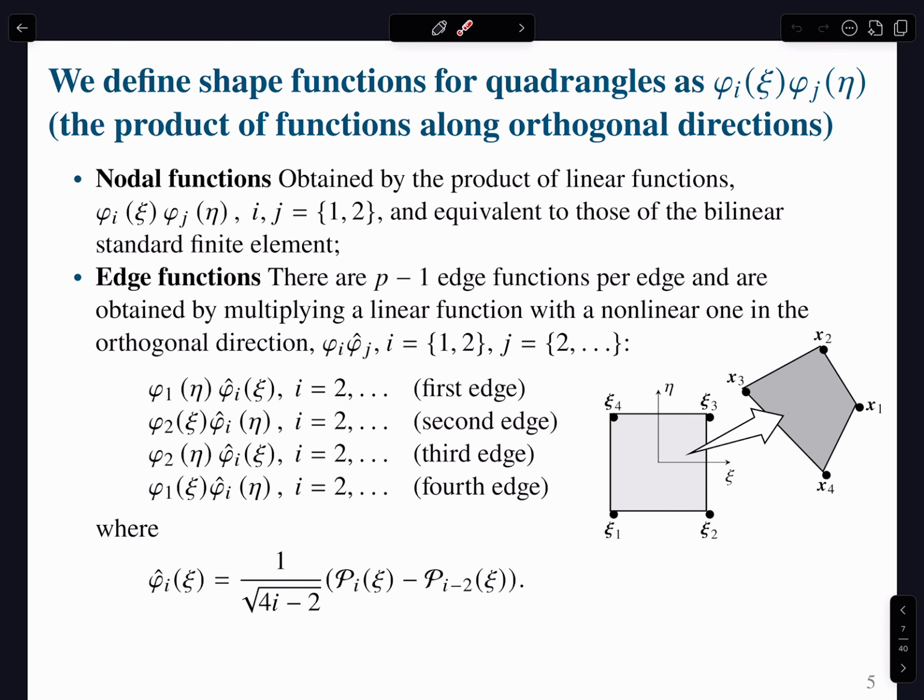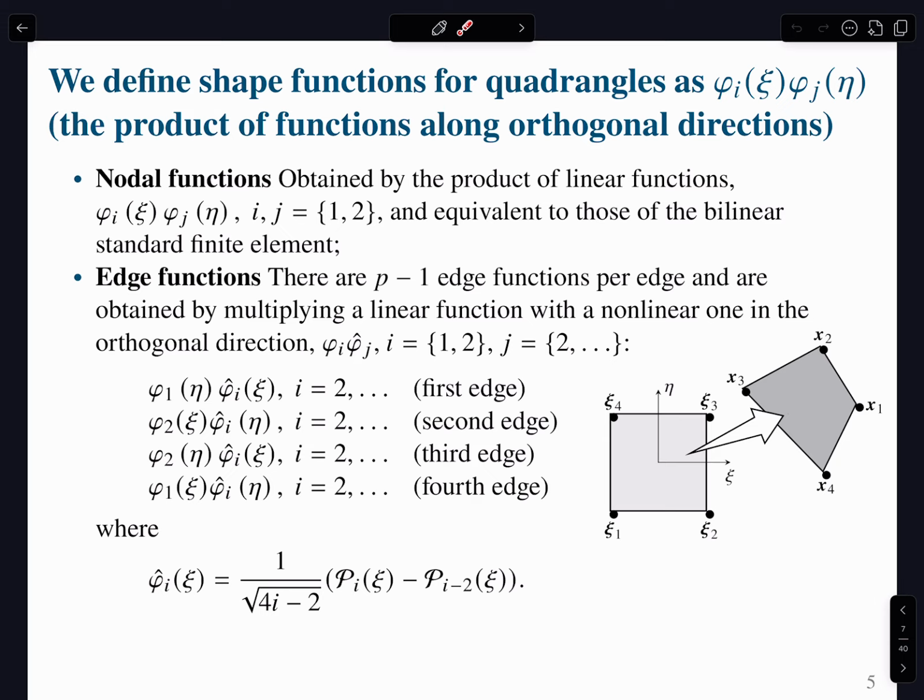Then we're going to have edge functions, and those edge functions are going to be built by using, if you recall the shape functions in 1D, you remember how we built those? By ensuring that the derivatives of those functions were Legendre polynomials, right? So we're going to use those functions in one direction, and we're going to multiply that by just a linear function in the other direction.